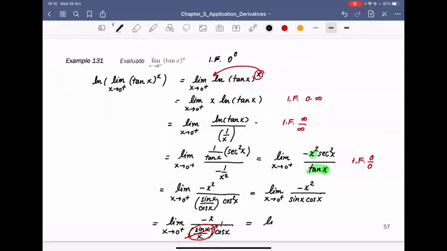So actually, I only have the limit as x goes to 0 plus of negative x over cosine x. Wow, this is 0 over 1. This is 0. Well, if you do not want to use the limit of sine x over x, you can differentiate as well. But I'm trying to avoid the messy thing, because differentiating x squared times secant squared x could be a pain.